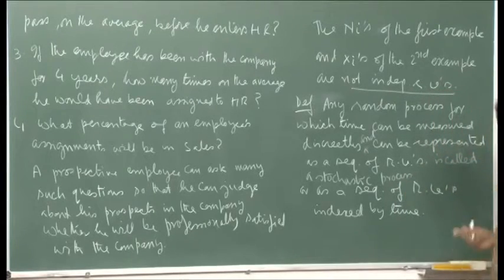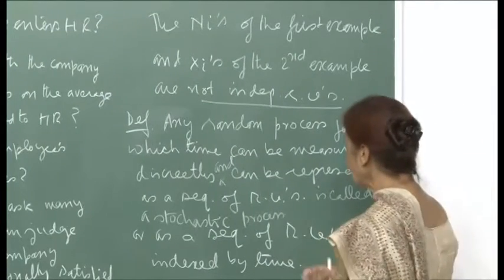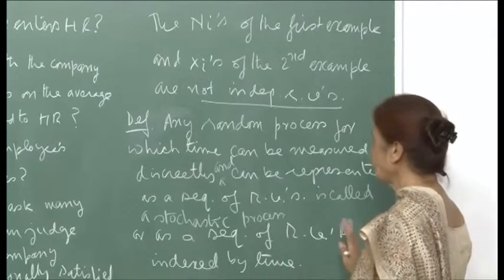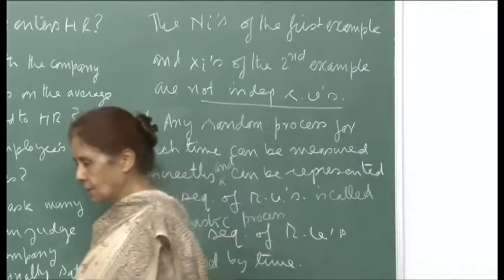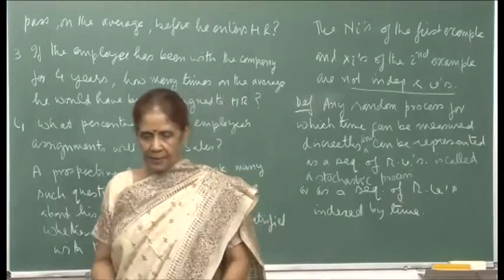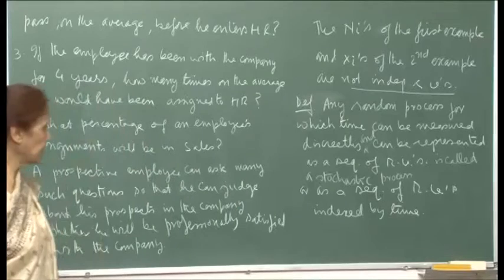Or very simply, you can say it is a sequence of random variables indexed by time. So a stochastic process, and definitely you can see that it is evolving over time, and then you want to now look at its behavior.